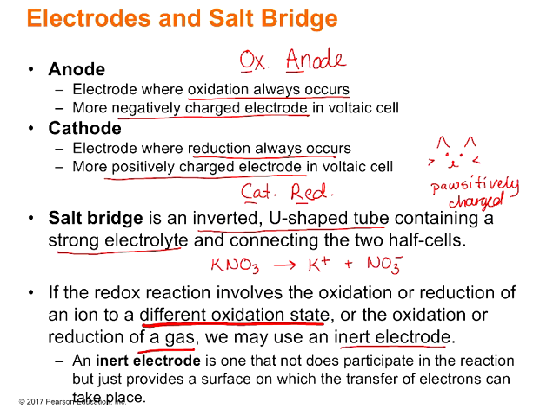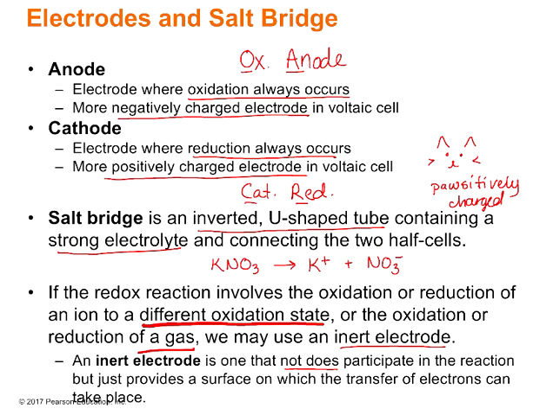An inert electrode is one that does not participate in the reaction, but just provides a surface on which the transfer of electrons can take place.